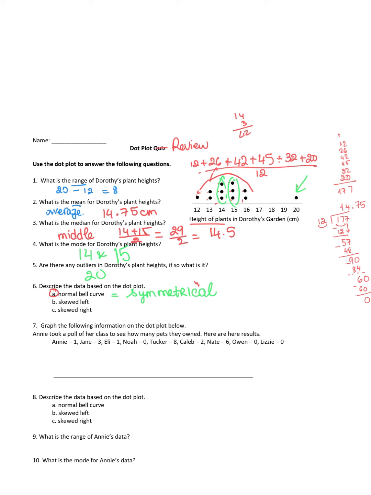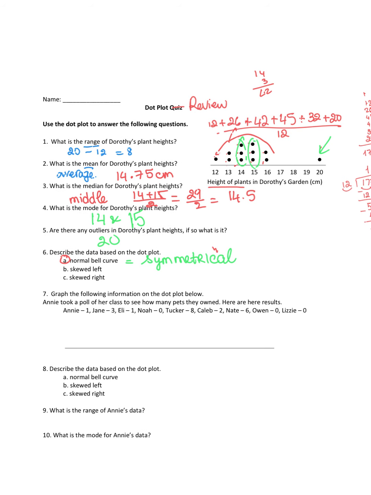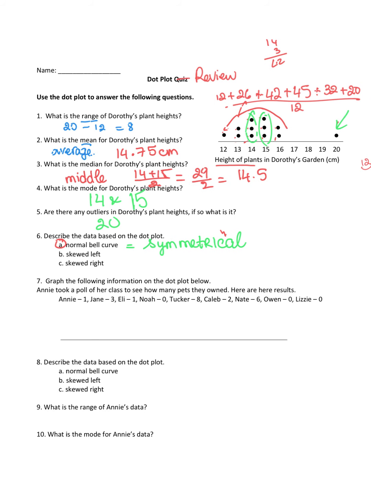Number 7, graph the following information on the dot plot. Annie took a poll of her class to see how many pets they own. Here are the results. We have kids who replied with how many pets they have, and I'm going to put it on the number line. The lowest number I see is 0.